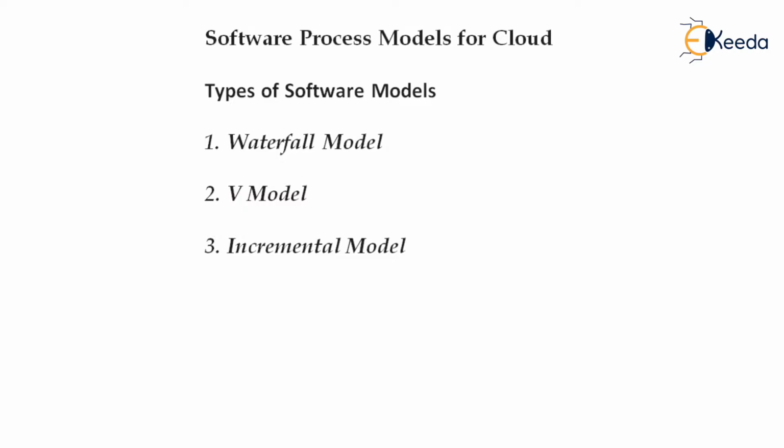For example, the process model selected for the development of an avionic embedded system will be different from the one selected for the development of a web application. These software process models for the cloud consist of different software models.